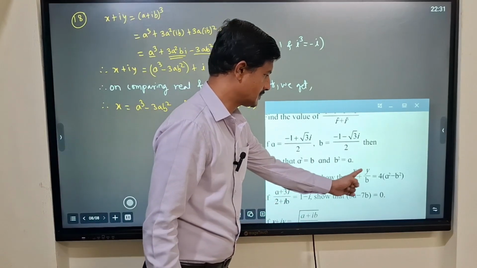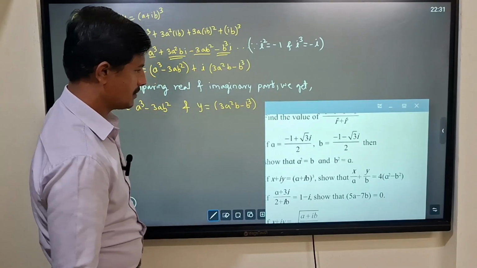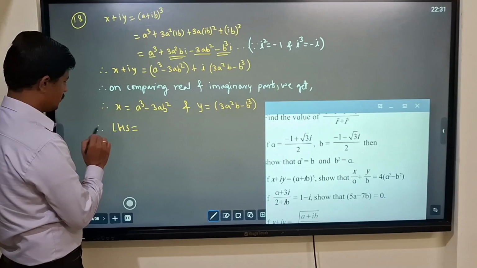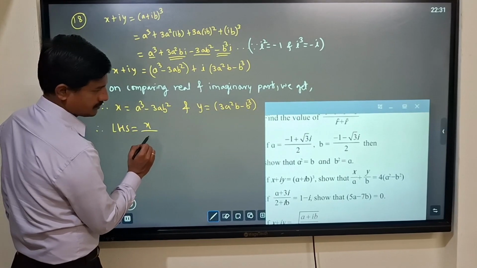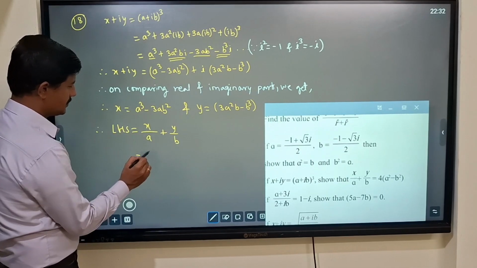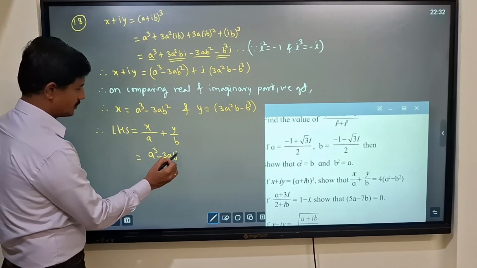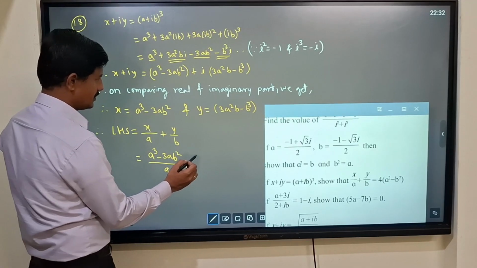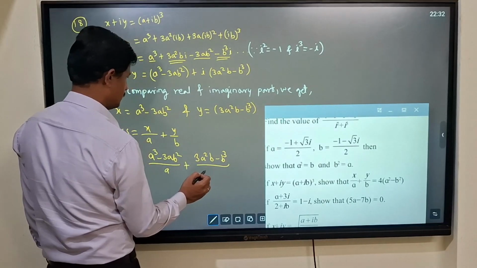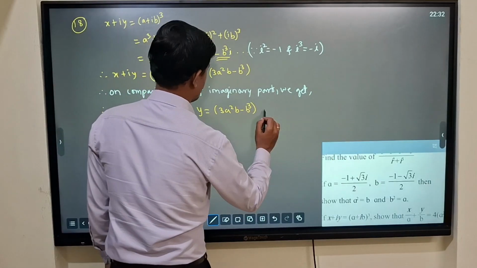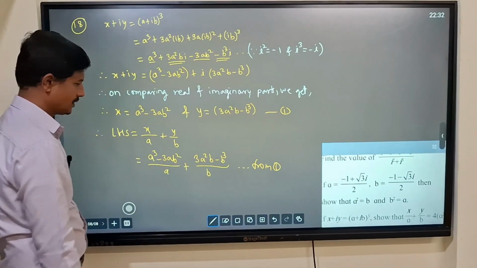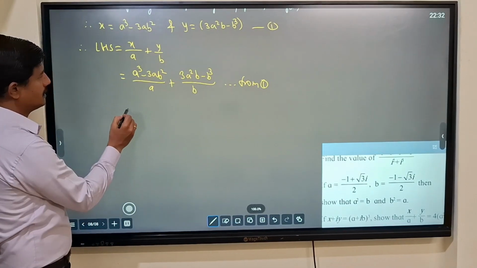But we want to prove that x by a plus y by b. So we take the LHS from the question. Therefore, LHS is x upon a plus y upon b. Now, x is a cube minus 3ab square upon a plus y is 3a square b minus b cube upon b. I will write this as 1. Now, take a common.